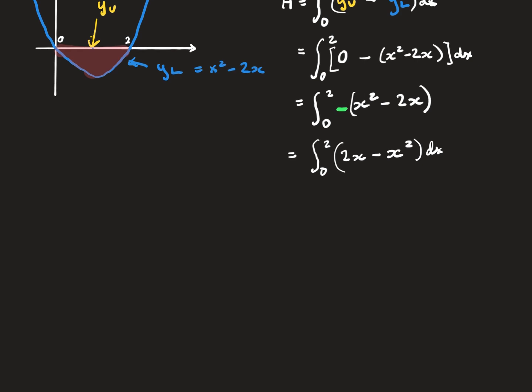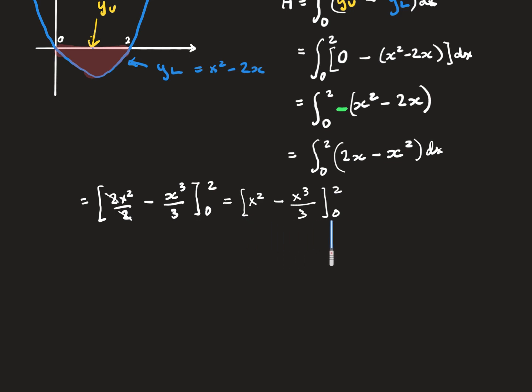Now I want to start integrating this, so in square brackets, 2x is 2x squared over 2, and x cubed over 3. The 2 will cancel out, and we're doing it from 0 to 2.